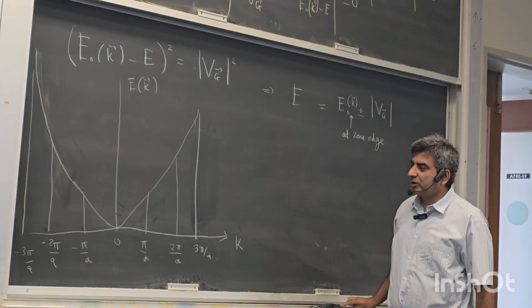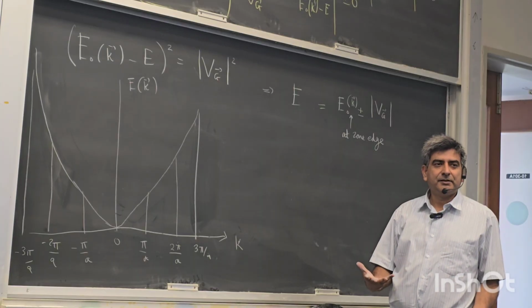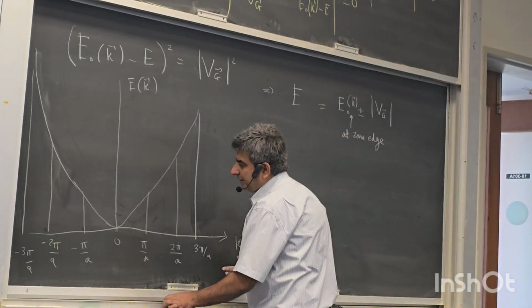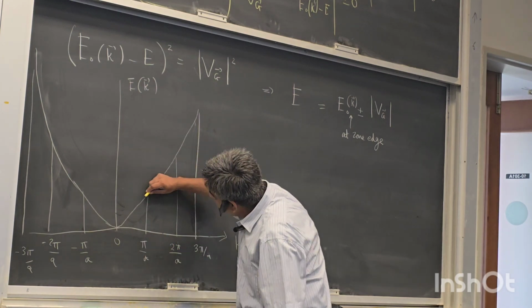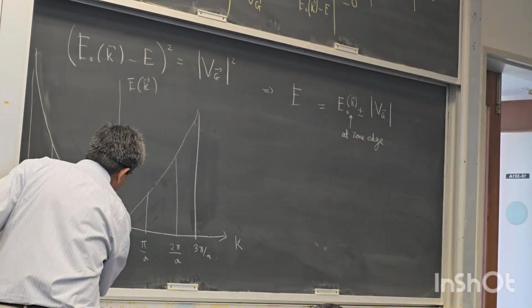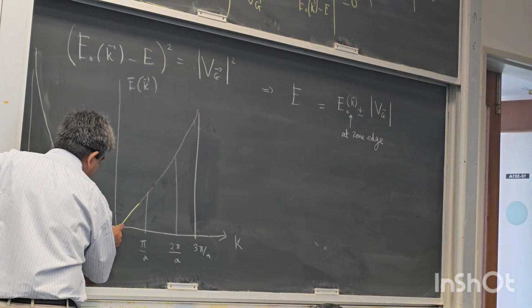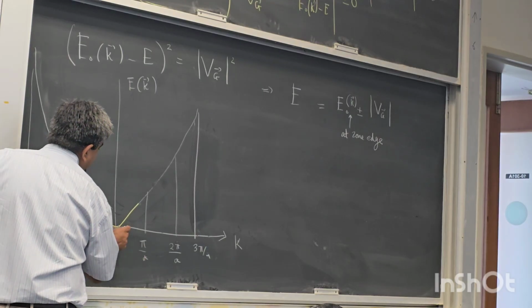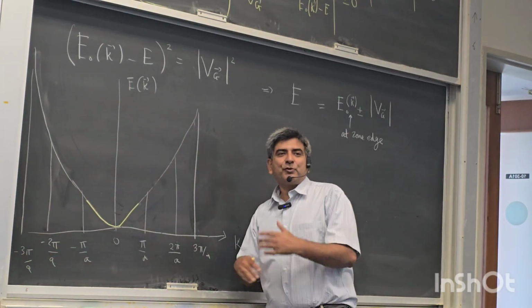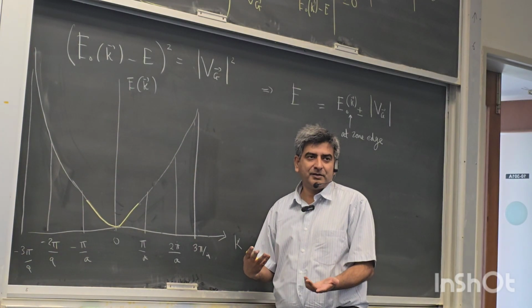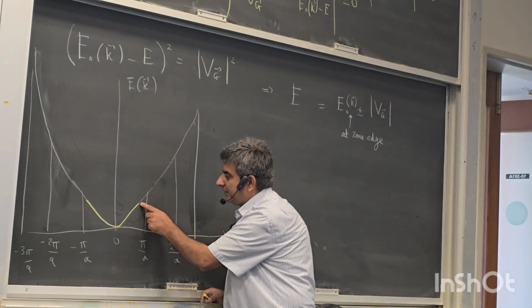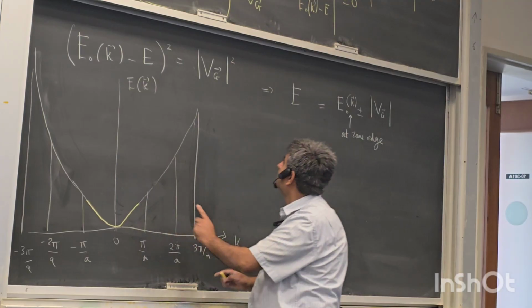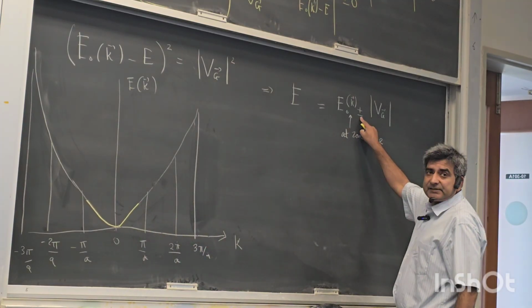Now let's plot the perturbed dispersion relationship. Now what's going to happen away from these zone boundaries? Everything is going to remain the same. Hardly any change. However, now I'm going to exaggerate the drawing a bit. As you approach the zone boundary, this energy now takes up this negative sign.